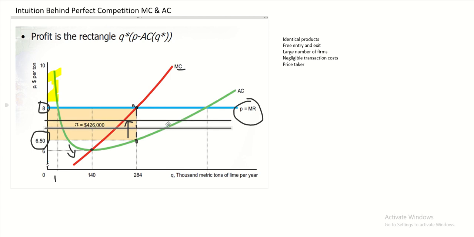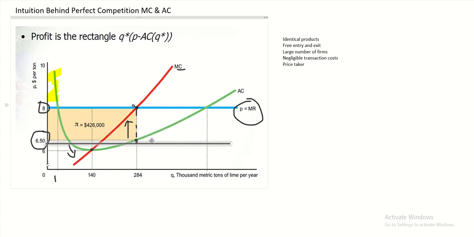Depending on how many firms there are, this black line over here will be dragged down by different amounts until it finally hits the equilibrium price, which is where the marginal cost curve intersects the average cost curve in perfect competition.